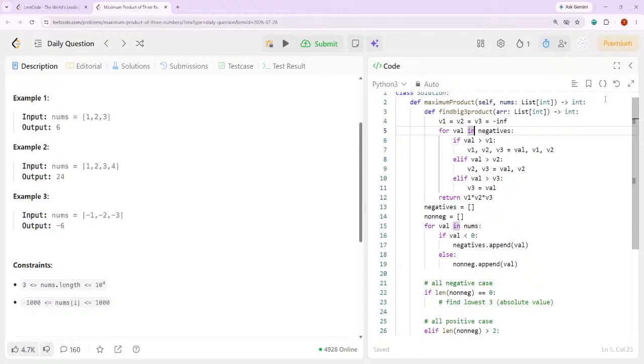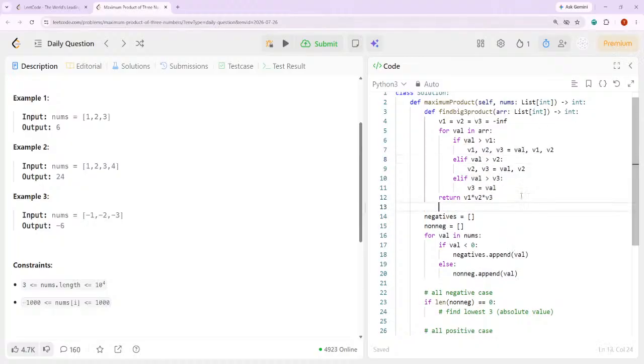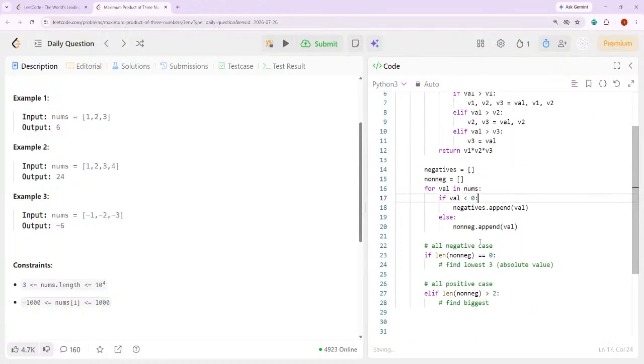So for every value in the array, okay, I think that's right. So if it's all negative, or, actually no, it's not or.